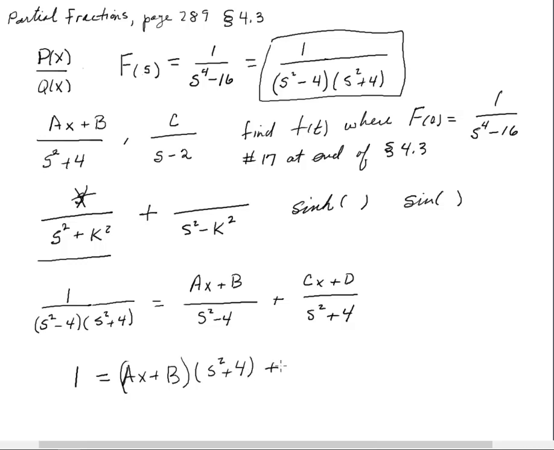And then what would I have over here? I would have a (cs + d) times an s squared minus 4.